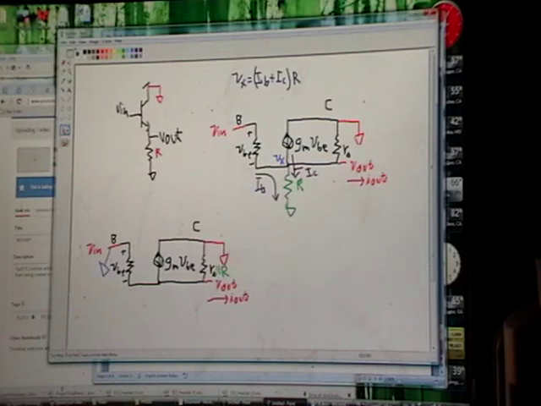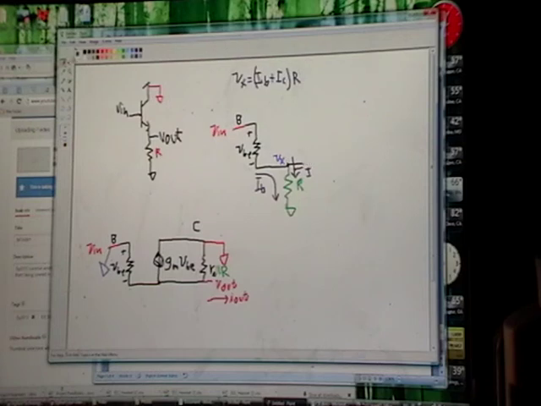I want to keep Vx over here, but just to make the math simpler, I want to get rid of this whole side here. I want to keep Vx the same, but I want to get rid of all this nasty circuit stuff to make my calculations easier.